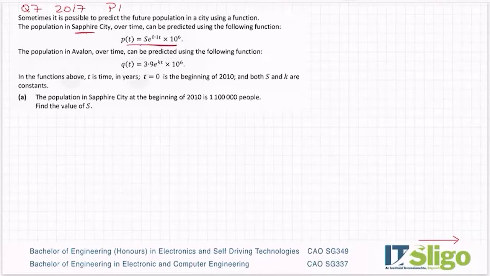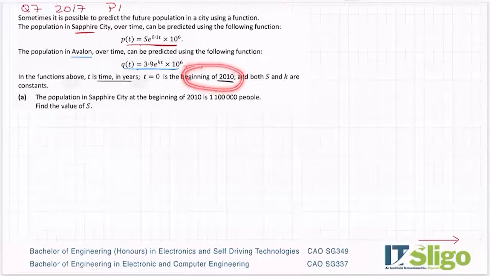The population in Avalon over time can be predicted using the following function: Q of t is equal to 3.9 e to the kt by 10 to the 6. In the functions above, t represents time in years. T is equal to 0 at the beginning of 2010. So for this question, the beginning of time is 2010, and both s and k are constants.